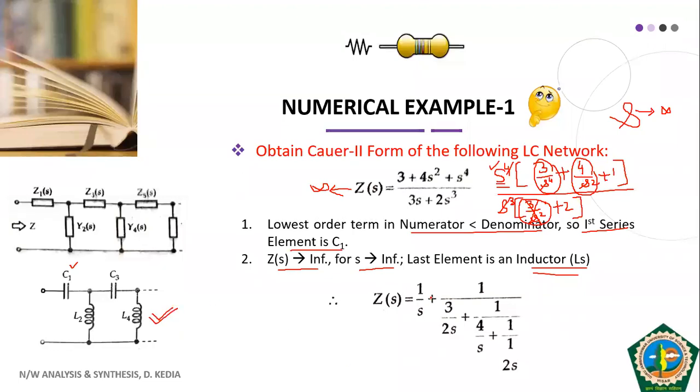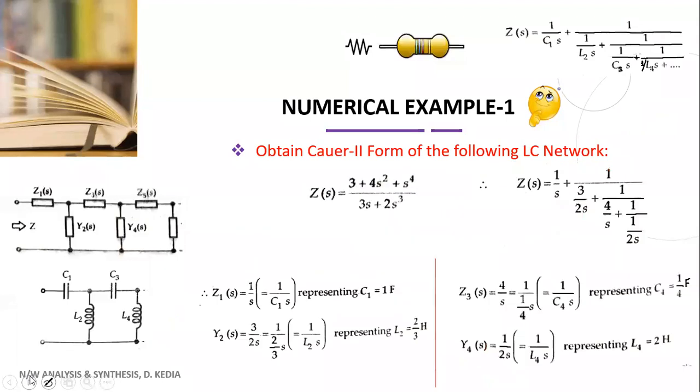These are the quotients that we have already written. We will correlate these quotients with the Ls and Cs, and we will be able to identify the values of the elements. How do we do that? Let us see. See here, the first is 1 by C1s.